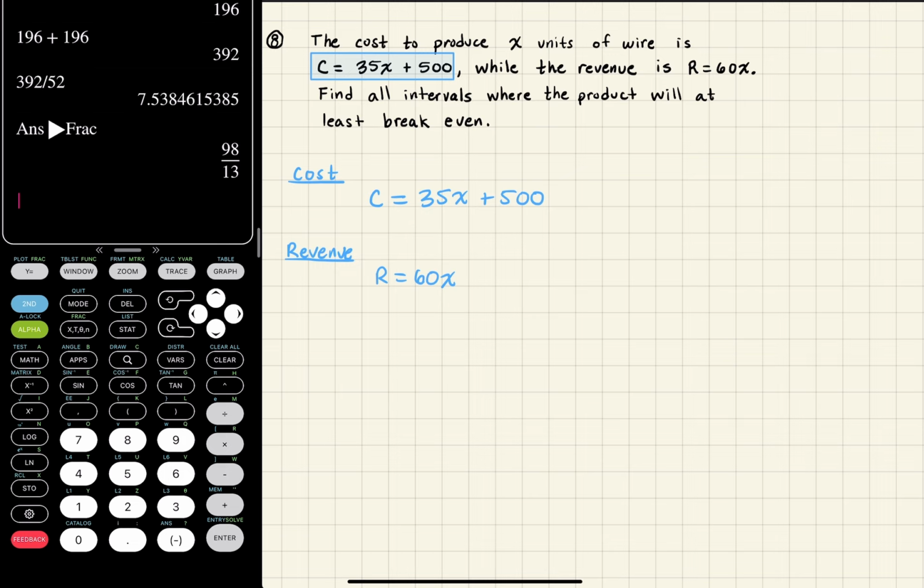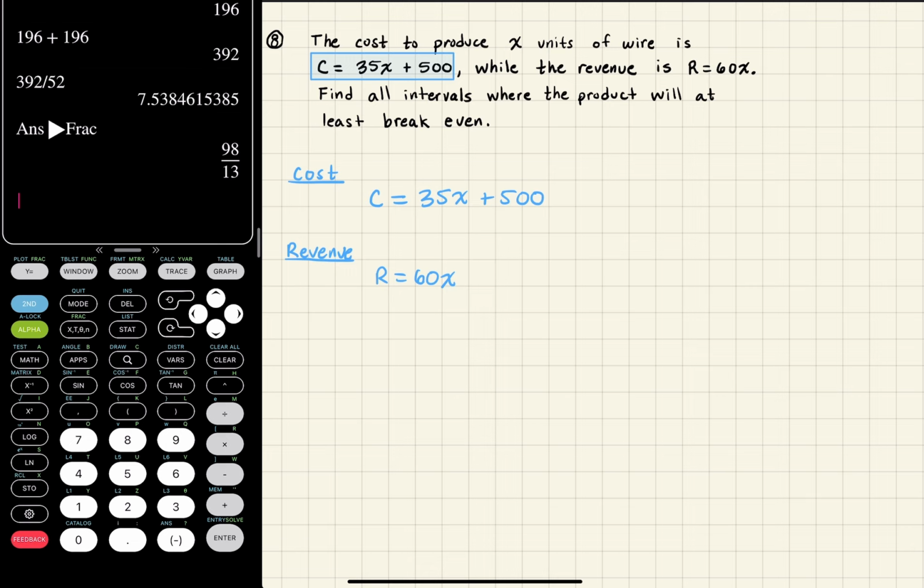And they want you to find all intervals where the product will at least break even. So revenue is the money we're bringing in. Cost is, of course, how much it costs to produce our product.